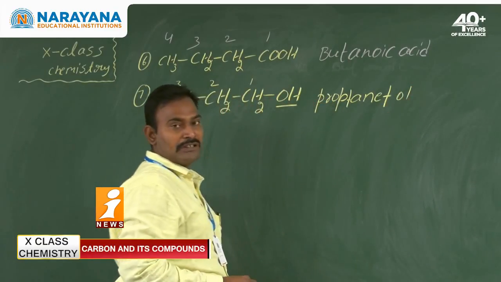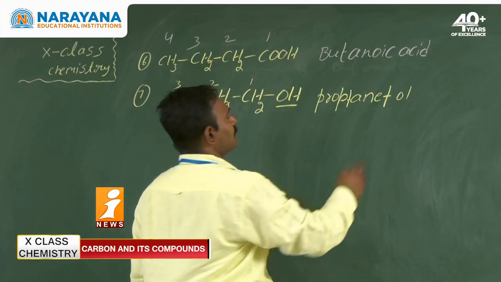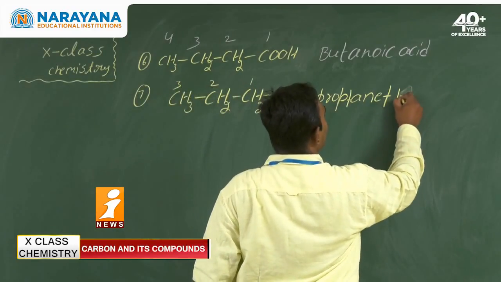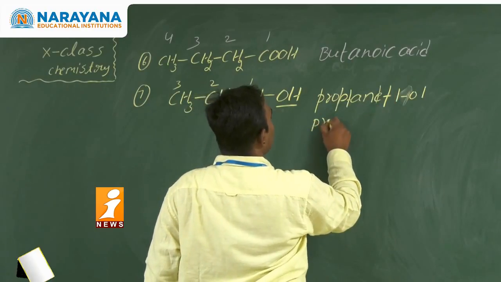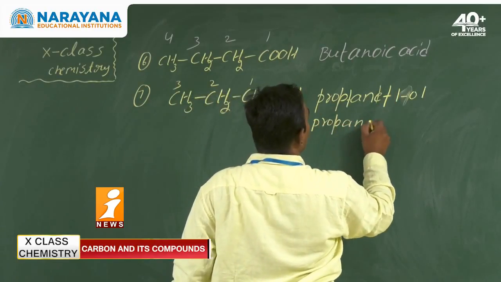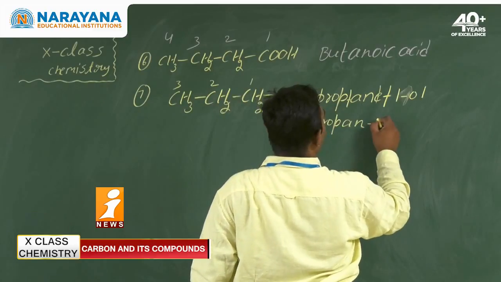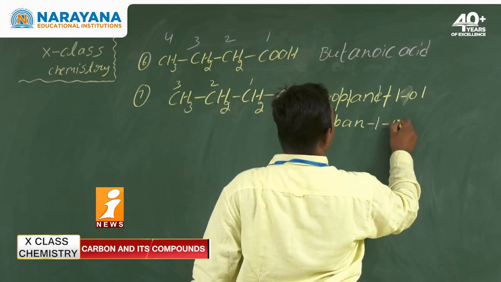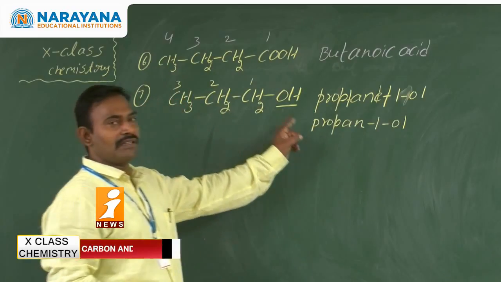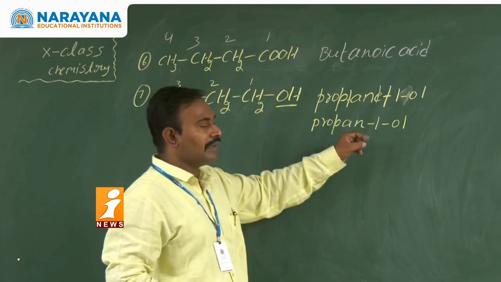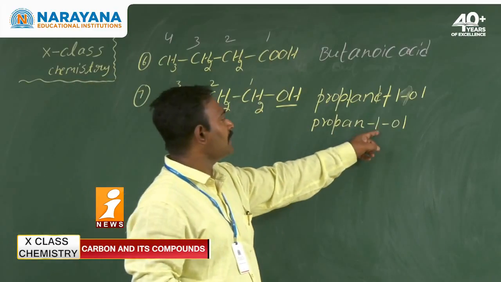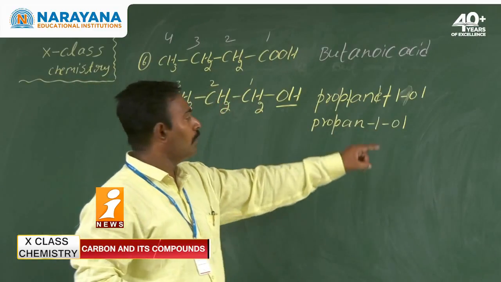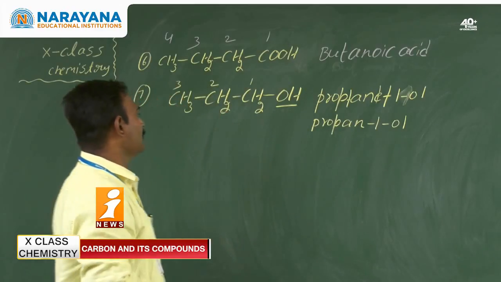Position of the functional group: first carbon, that means 1-ol. So finally the name of this compound will be propan-1-ol. The prop indicates the root word, an indicates the primary suffix, 1 indicates the number suffix, and ol indicates the secondary suffix.